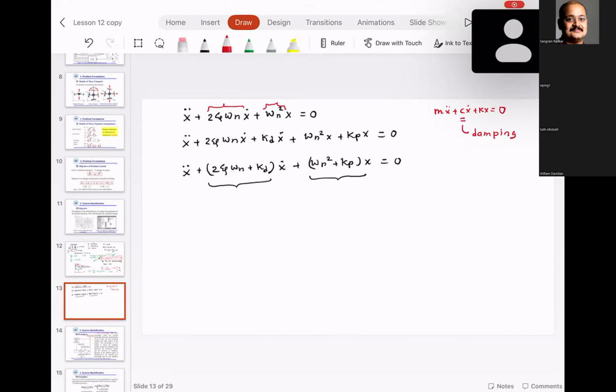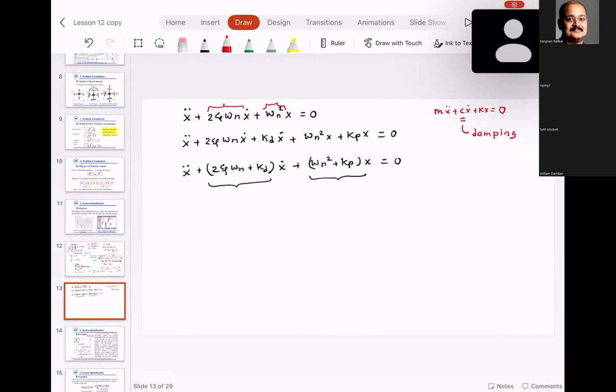By adding Kp, I increased the frequency of that system. So basically, by increasing the frequency, the effective amplitude will be reduced.